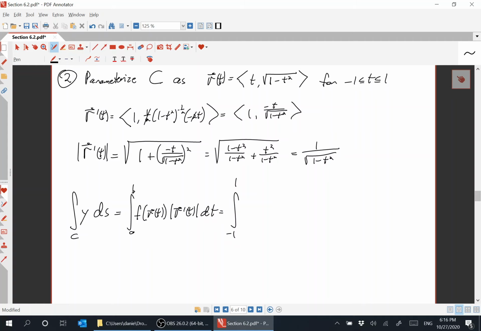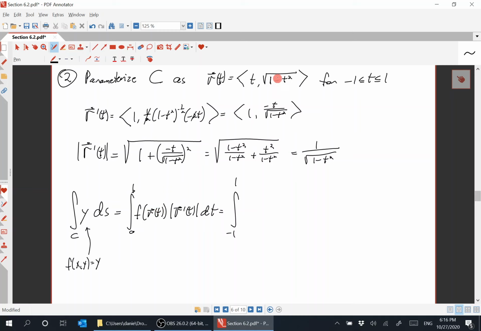What is f of r of t? Well, f(x,y) is just equal to y. And what's r of t? x is t, y is the square root of 1 minus t squared. So f of r of t is just the square root of 1 minus t squared. Right, that's just the y.